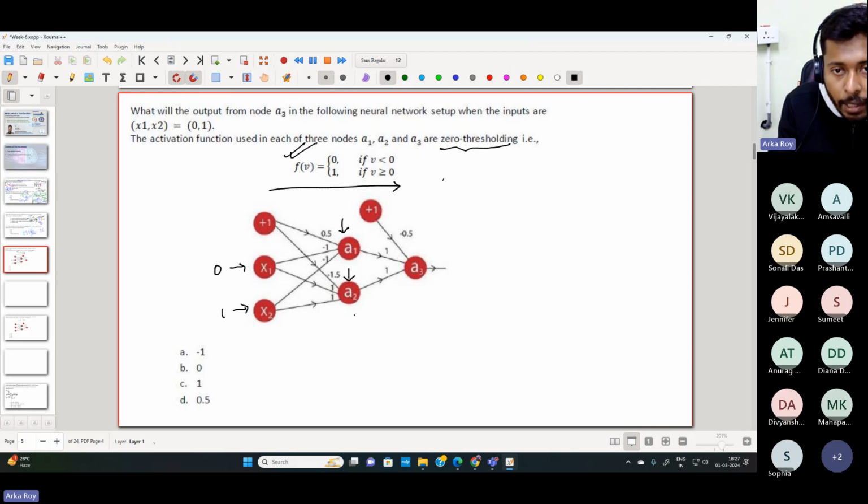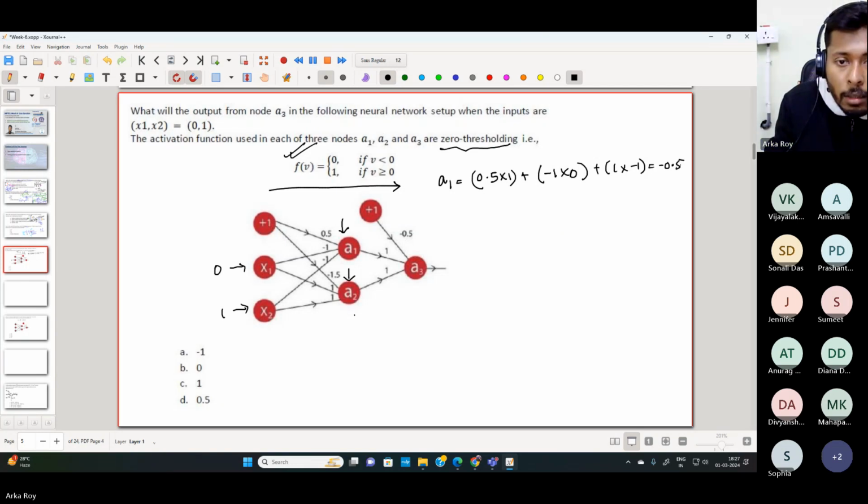For A1, the output will be 0.5 into 1 plus minus 1 into 0, and then you have 1 into minus 1. So it is 0.5 minus 1, so minus 0.5. At the output of A1, you have the nonlinear function. So f of A1 is equal to f of minus 0.5, which is equal to 0. So the output from this particular node is 0. I'm writing the value over here.